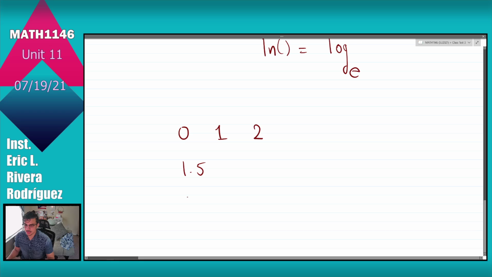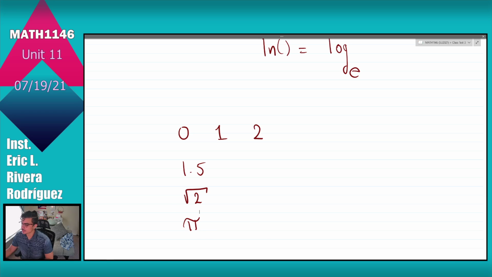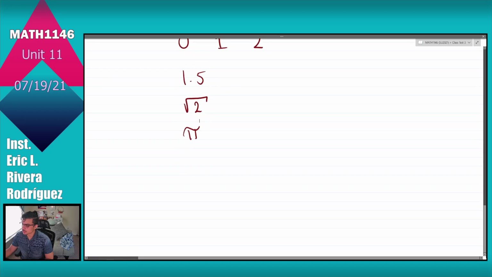We also can write values like this one, square root of 2. That's a value. We are using a mathematical operation, but that's just a value. Pi, we are using a symbol here, but it is representing a value, right?